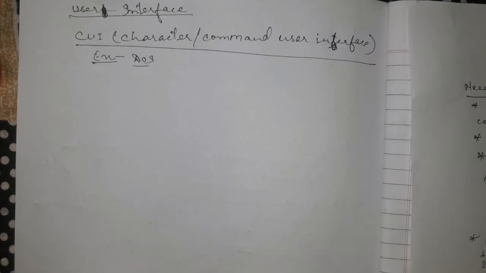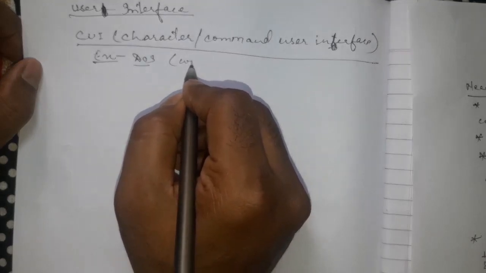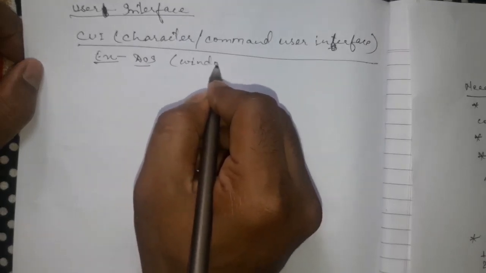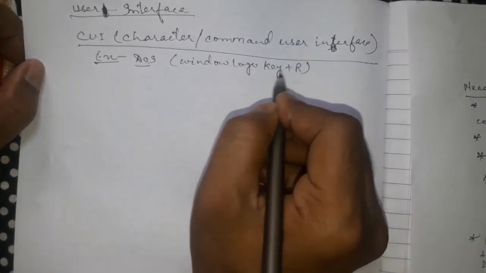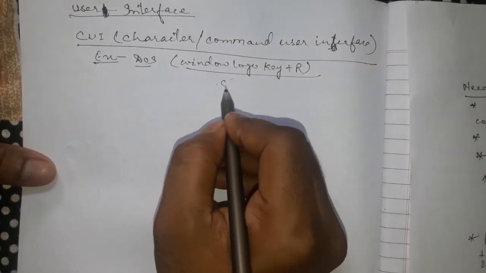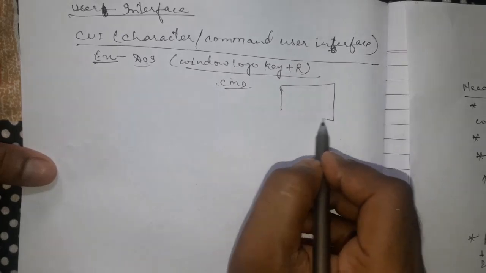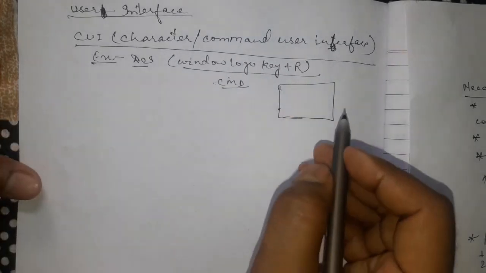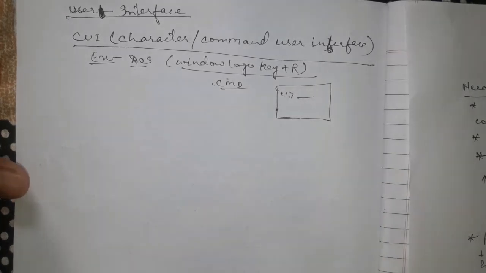It is available in our computer by pressing the shortcut key Windows key plus R. After pressing this, you have to write CMD and you will be in a window where no mouse will work, and you only have to give commands to use your computer.